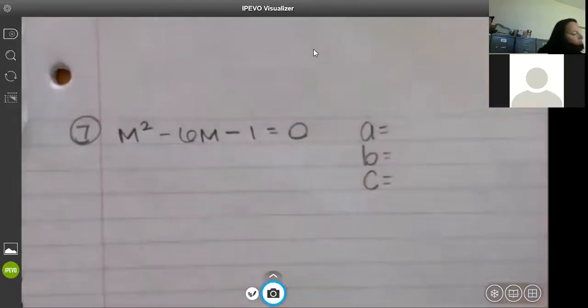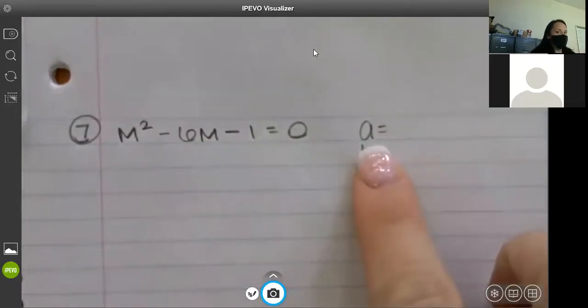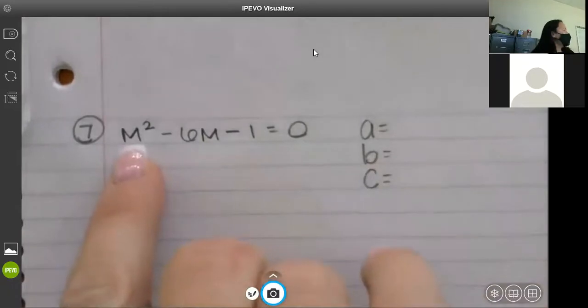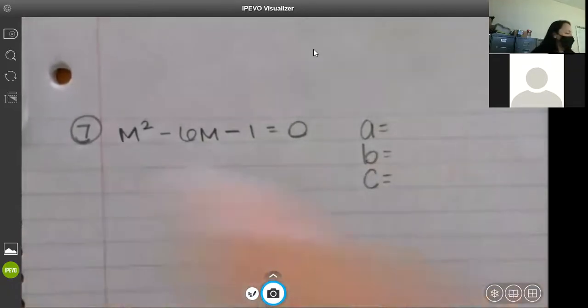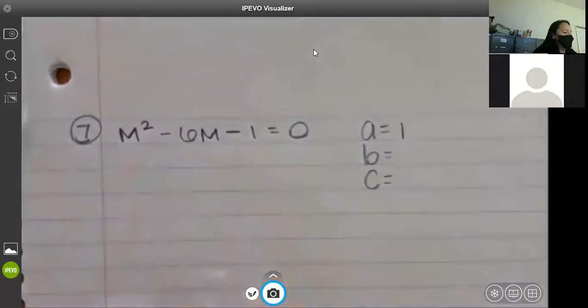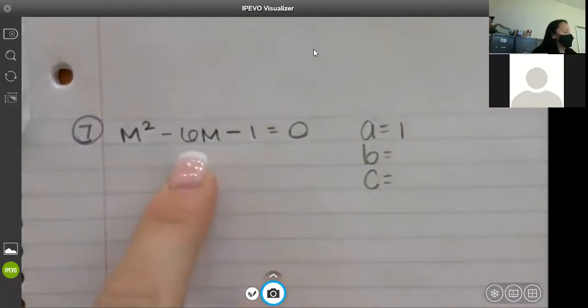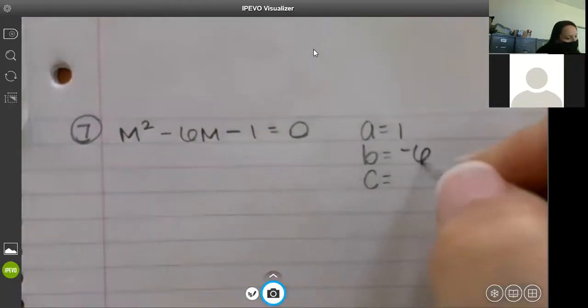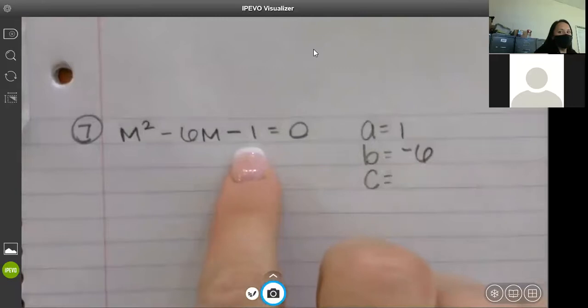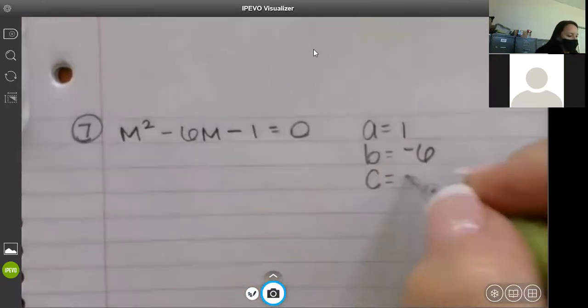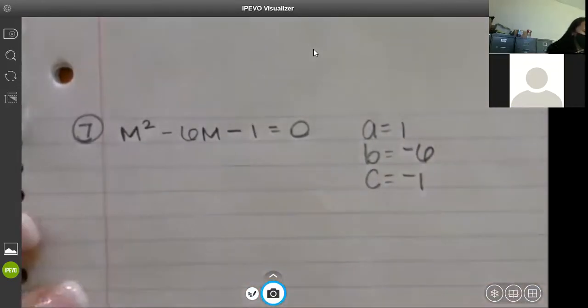You do not have to do this every time, okay? Remember, A is the number with the square term. What's the number in front of m squared, even though there's not one there? 1. What's the number in front of the middle term? -6. And what's that last number? -1. So we're going to put it into our formula.